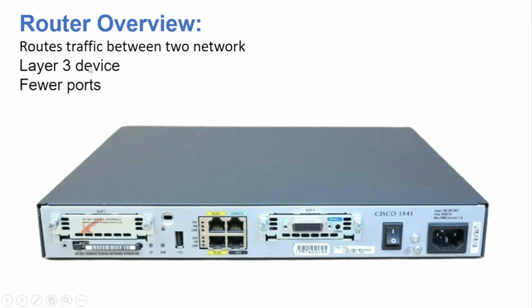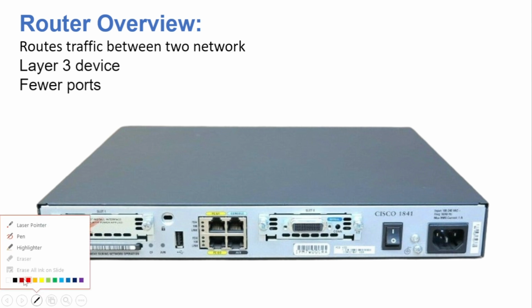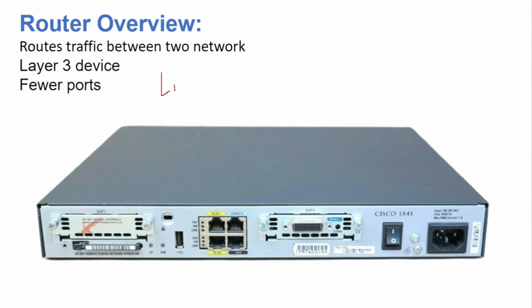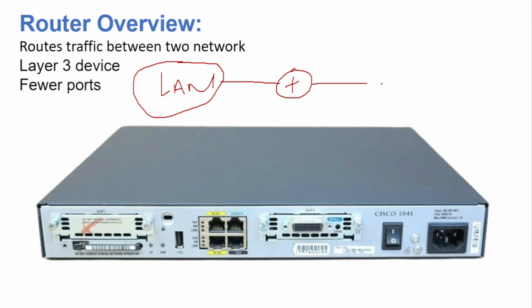A router is a route between your internal network and the internet. So if we have a LAN, which is an internal network, a router is a route between this LAN and the internet.